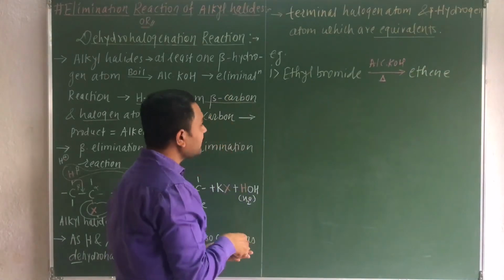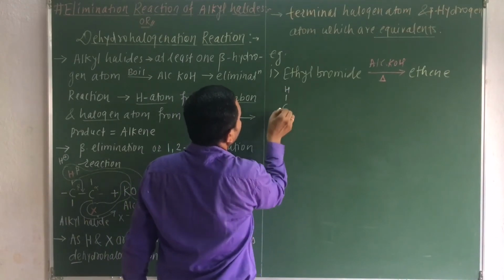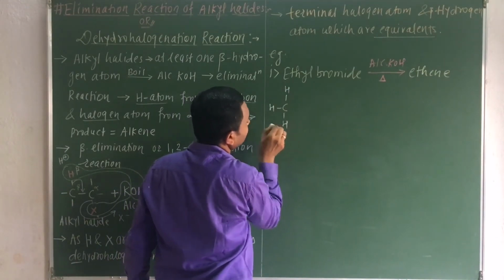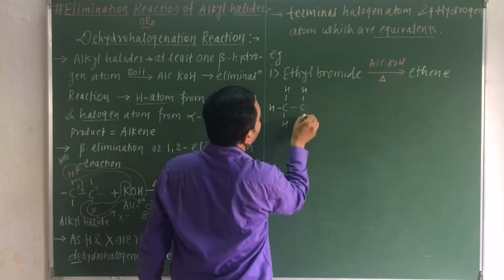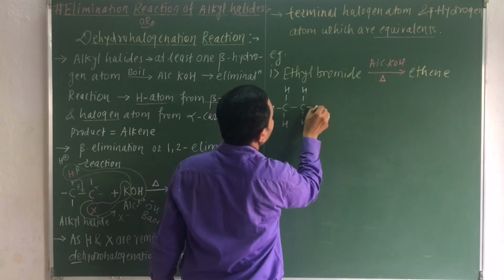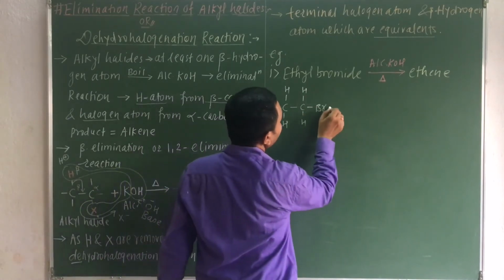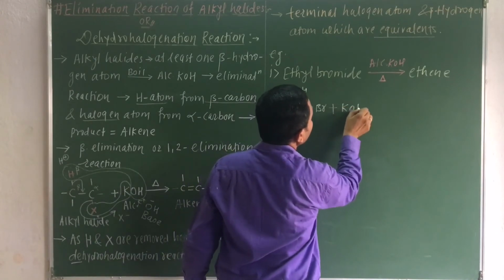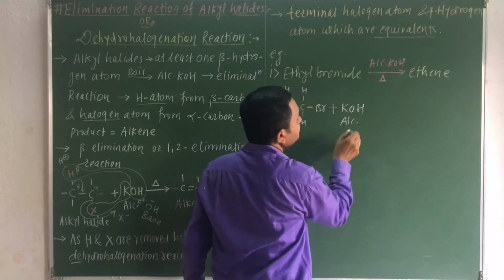Now we will write down this reaction. Ethyl bromide, that is CH3 group, then CH2, and I will write it as Br. So this is your ethyl bromide compound when it is treated with KOH, or when it is boiled with alcoholic KOH.